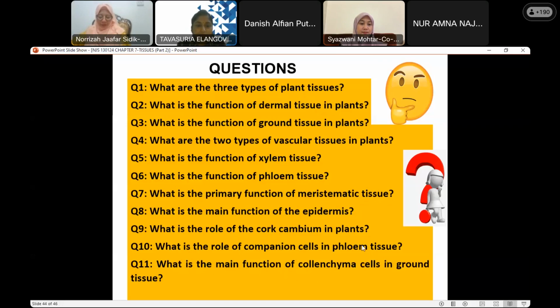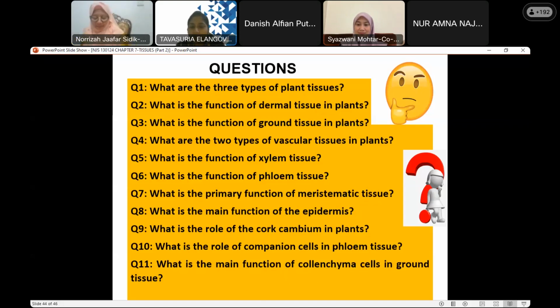Okay, there are another two questions. What is the role of companion cells in phloem tissue? I mentioned just now, phloem is made up of two types of cells. One of the cells is the companion cell. So what is the function? To support the sieve element. Another one should provide what?